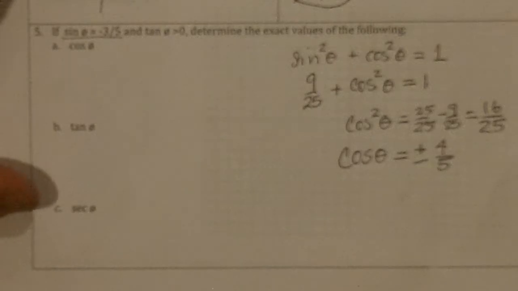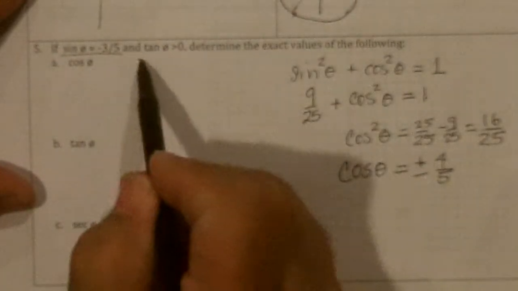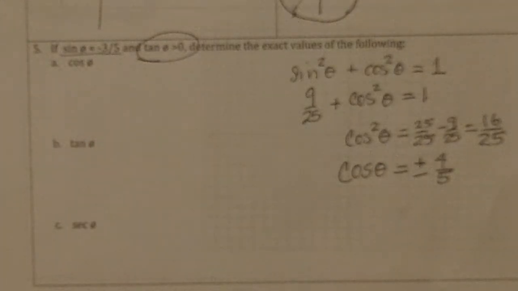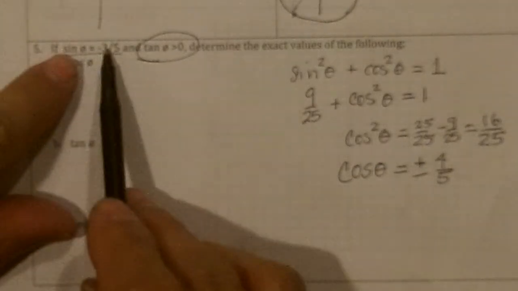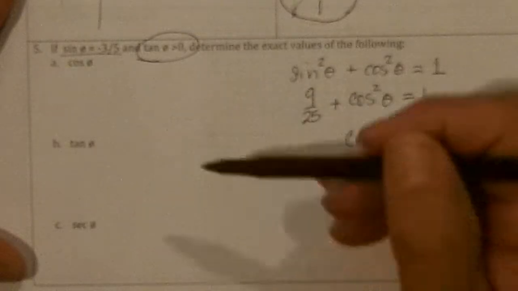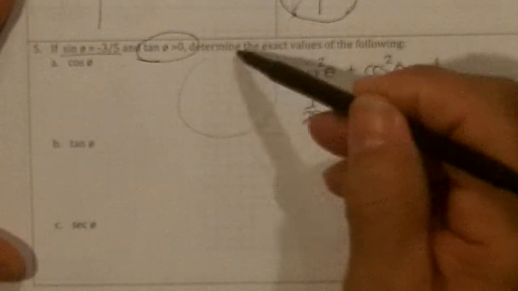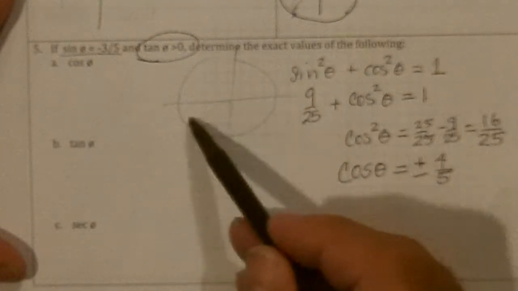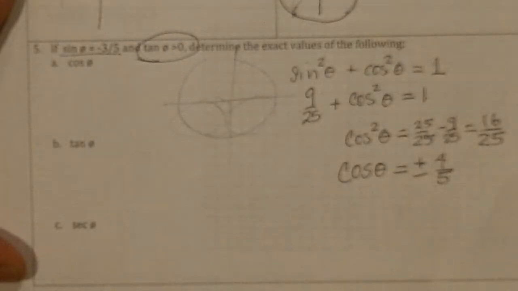However, it says right here that the tangent has to be greater than 0. If the sine is negative 3/5, that means it's down 3/5. You've got to be in this quadrant or this quadrant.